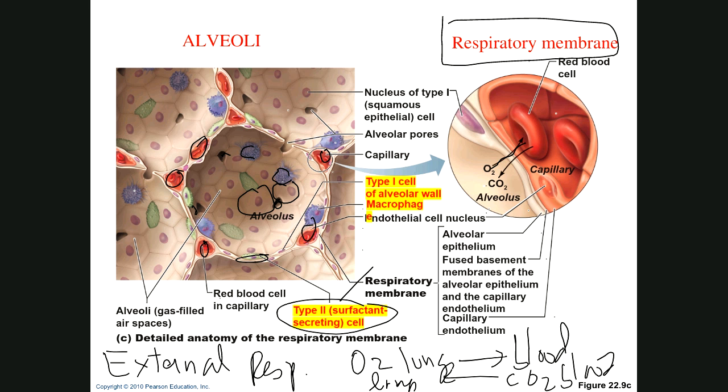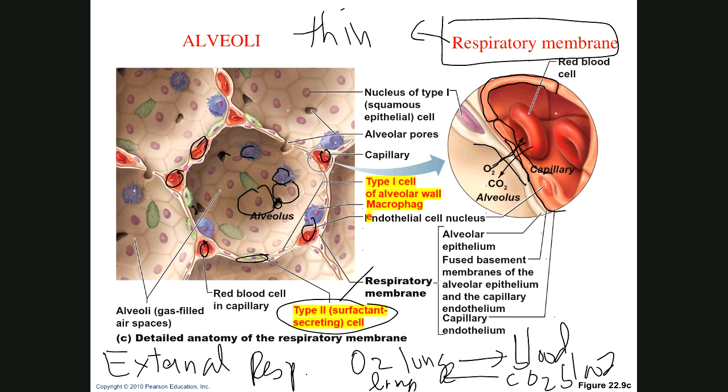The reason why this can happen is because the respiratory membrane is very, very thin. Diffusion requires a thin membrane. If we don't have a thin membrane, diffusion cannot happen. So this is the little cell, simple squamous epithelial cell. The cells making up the capillaries are simple squamous epithelial cells also. So we have two simple squamous epithelial cells next to each other.